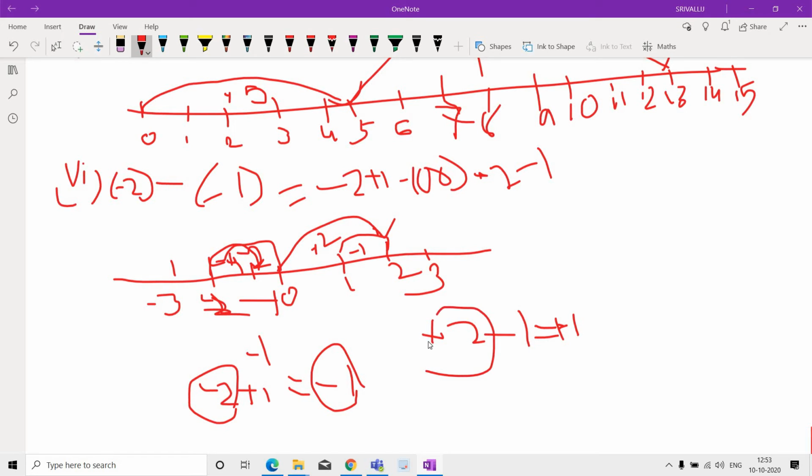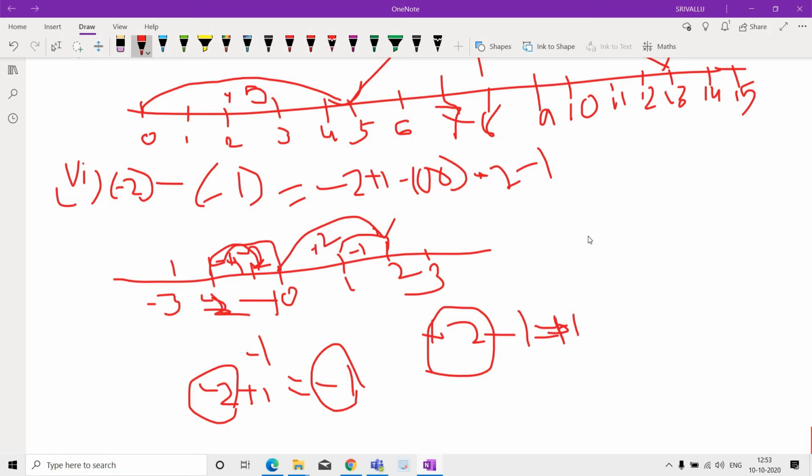When the big number has a positive symbol, the answer also has a positive symbol. So by this we can conclude that the sign depends upon the big number and the small number, and the answer is negative or positive depending on the big number. So we can say -2 plus 1 or +2 minus 1.